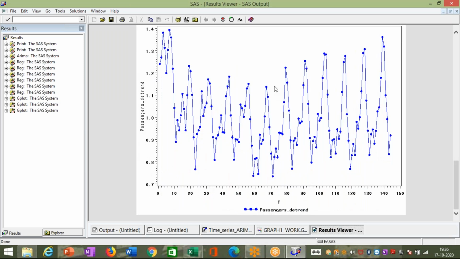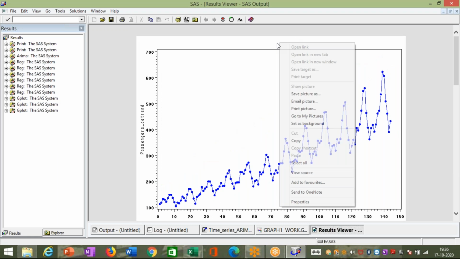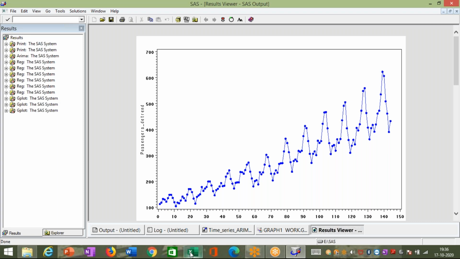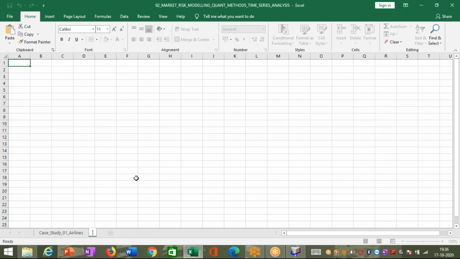And over here, after you have detrended, this is how the series looks. You can see a clear difference between the pre-detrending series and the post-detrending series. We can clearly see it over here that after detrending, the series is looking very different from what it was essentially looking like.